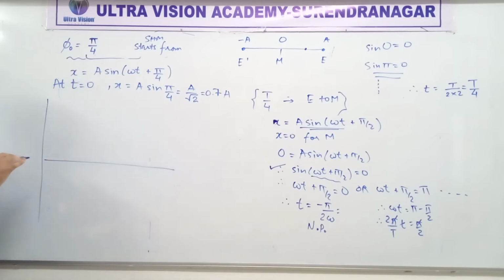Listen to this carefully. This is plus A amplitude, this is 0. The graph will start from somewhere between these two. Okay, so somewhere here. Right? It will start from here, where it's approximately 0.7. Clear or not clear?